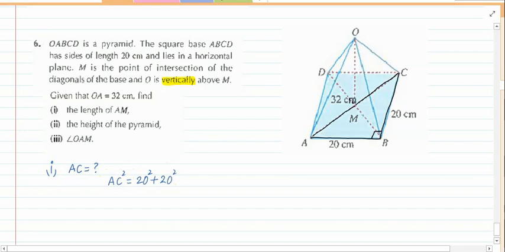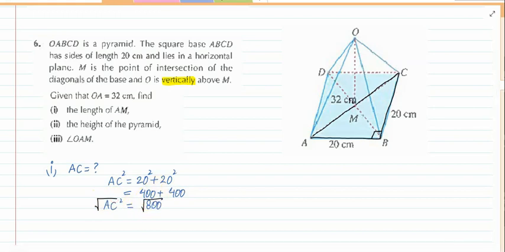The square of 20 is 400, so it will be 400 plus 400 is equal to 800, that is AC square. Now you need to apply root on both sides.